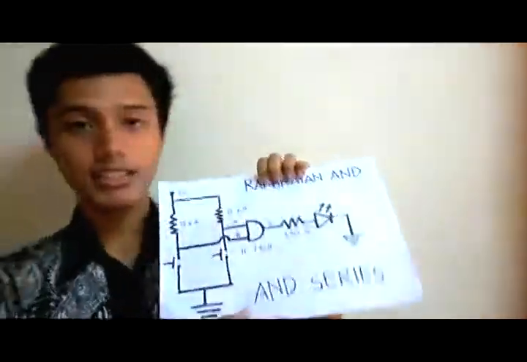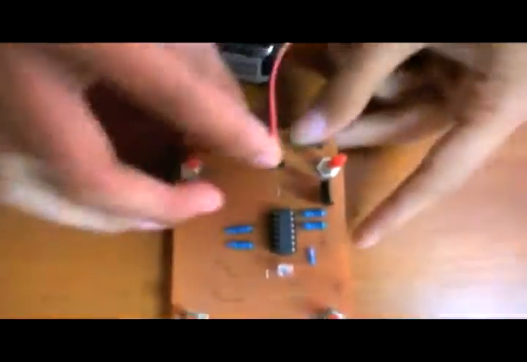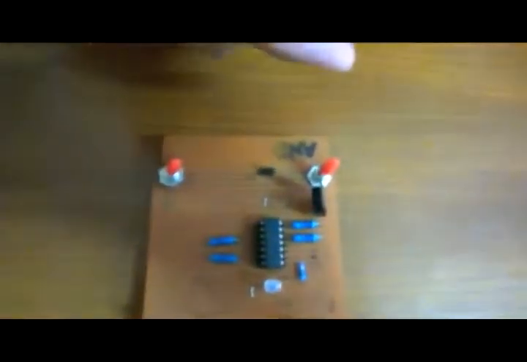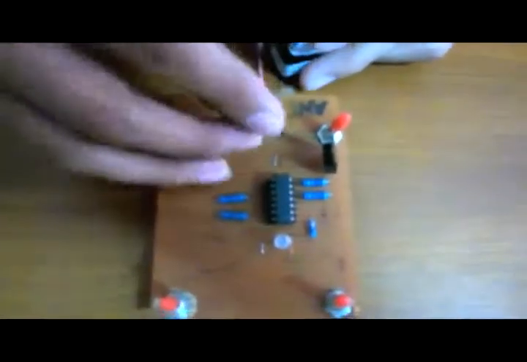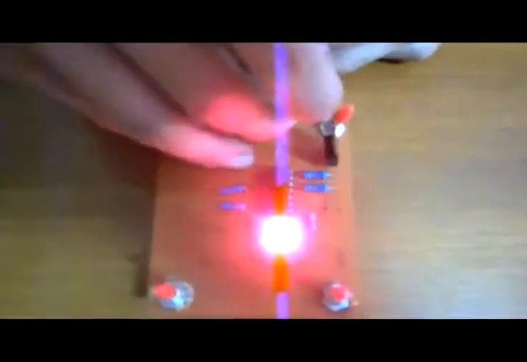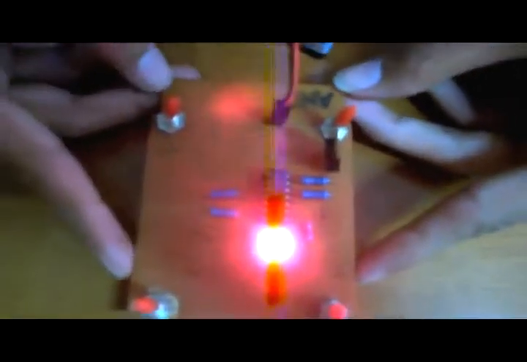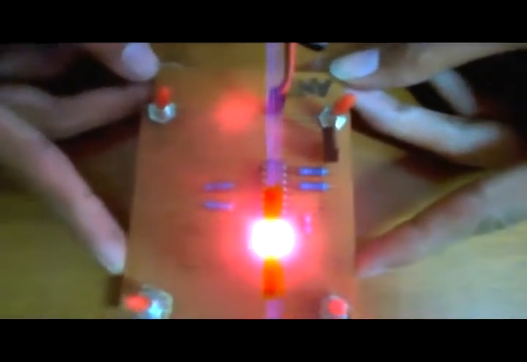Now let's see my project. Here is my project, the real circuit. This is a 9 volt source voltage. You can see that the LED is lit up. The LED is on.